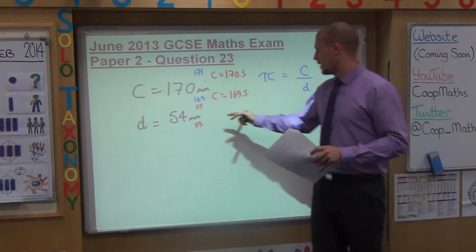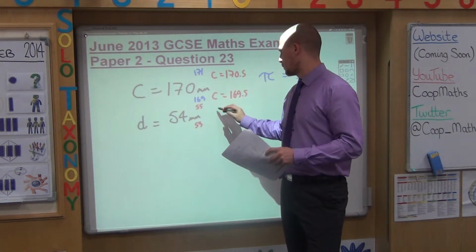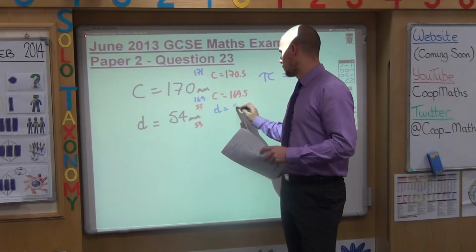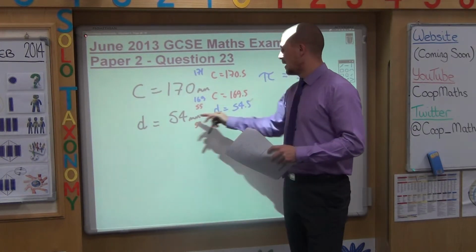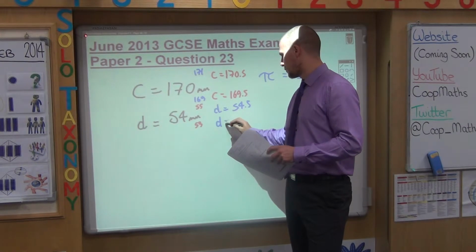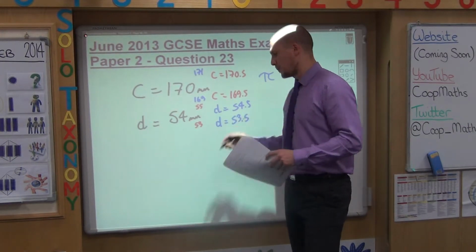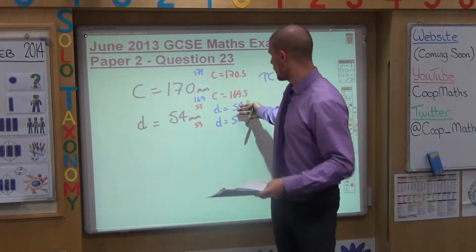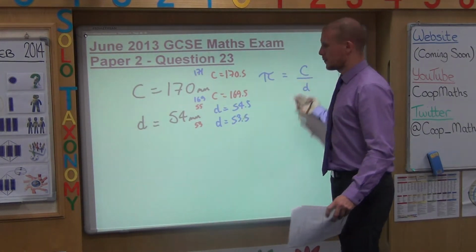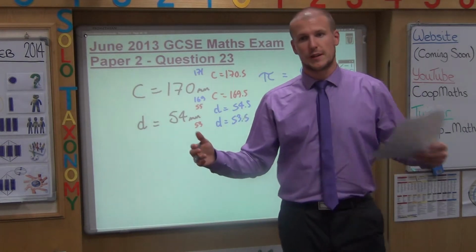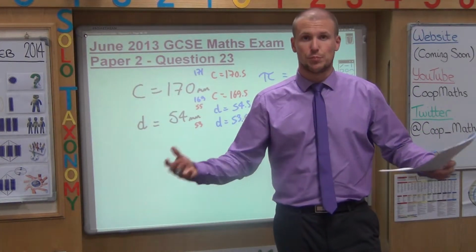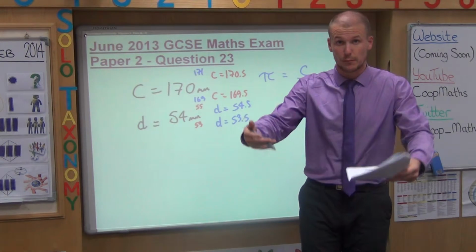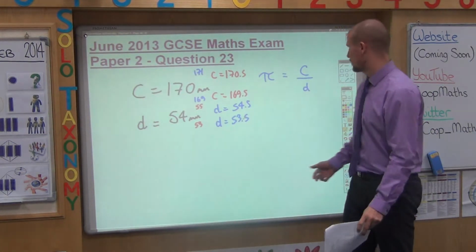For D, between 54 and 55 gives us 54.5, and between 53 and 54 gives us 53.5. That is the upper and lower bounds for D. And the idea is you need to combine these bounds together for this formula, because if you're slightly out in one and slightly out in another value and you bring them together in a formula, then you could potentially be even more out in your answer.